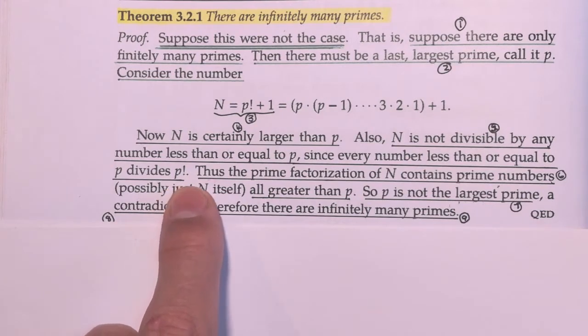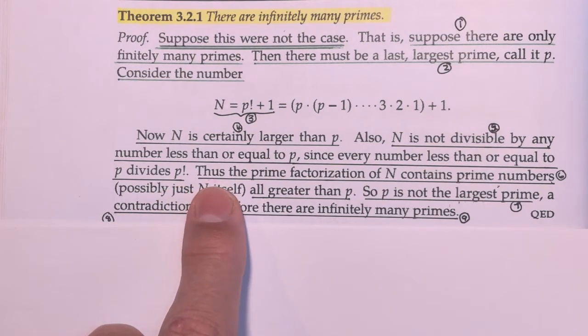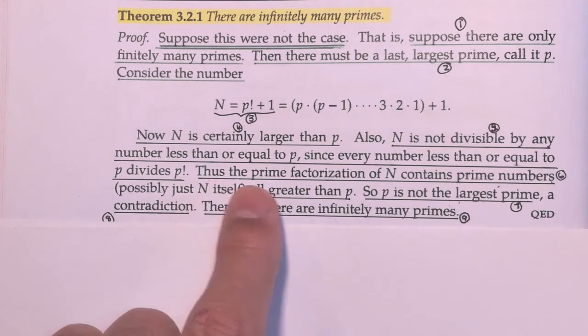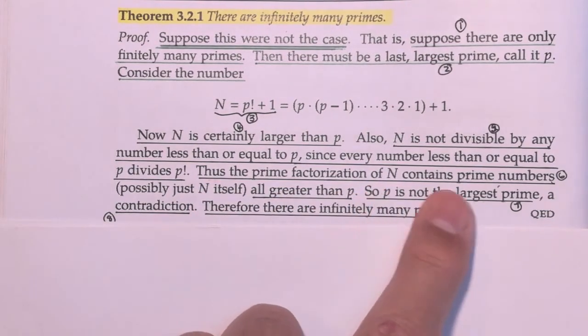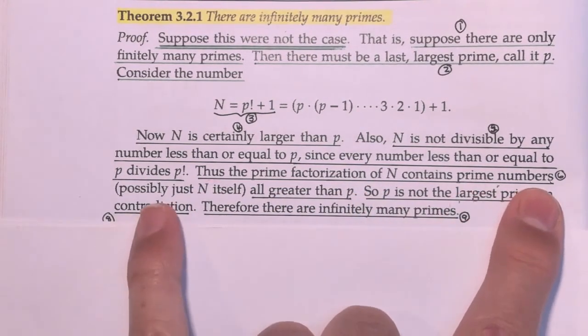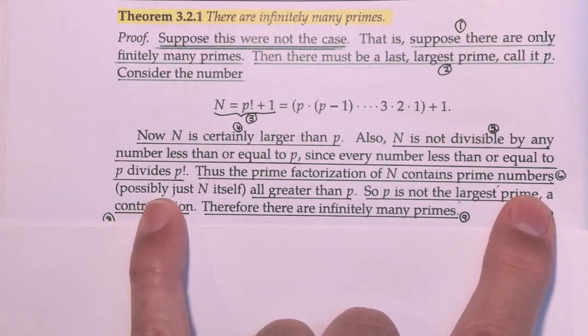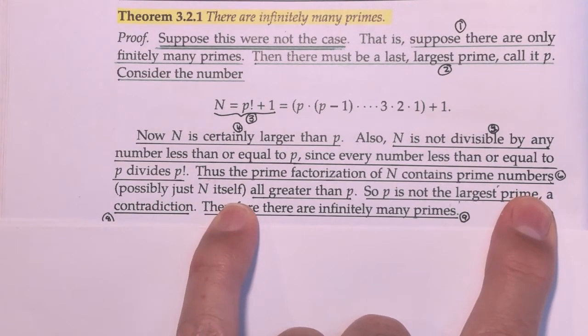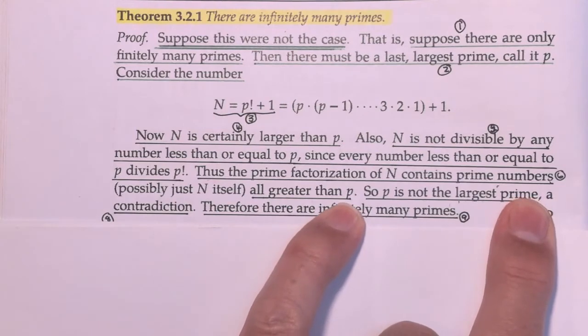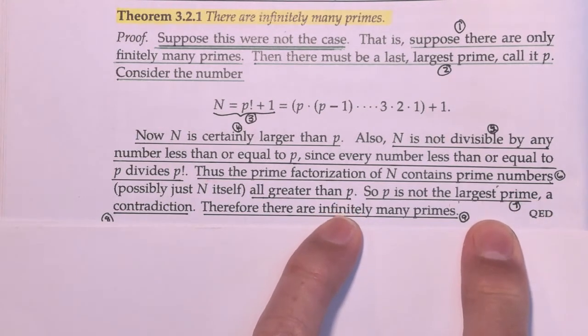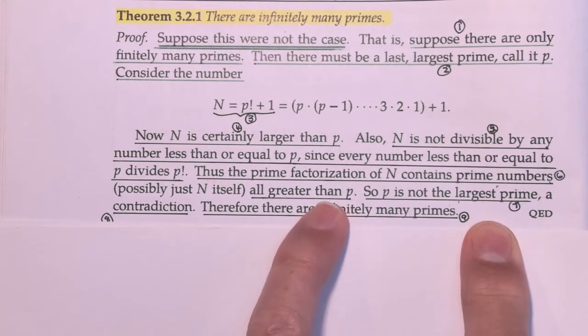Okay, let's read on. Thus, the prime factorization of the number n contains the prime numbers, possibly just n itself, that are all greater than p. Let's read it again. The prime factorization of n contains prime numbers greater than p.